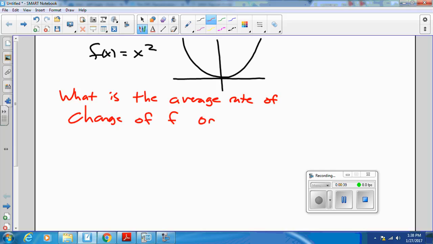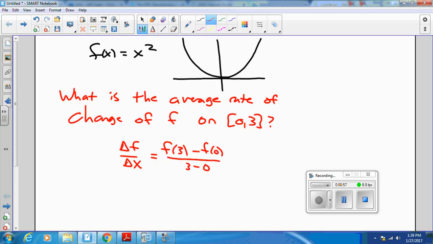of f on the interval 0 to 3, like so, then what I'm asking for is the change in f over the change in x. That is, f of 3 minus f of 0 over 3 minus 0. And this computes the average rate of change, and we call this quantity right here the difference quotient.